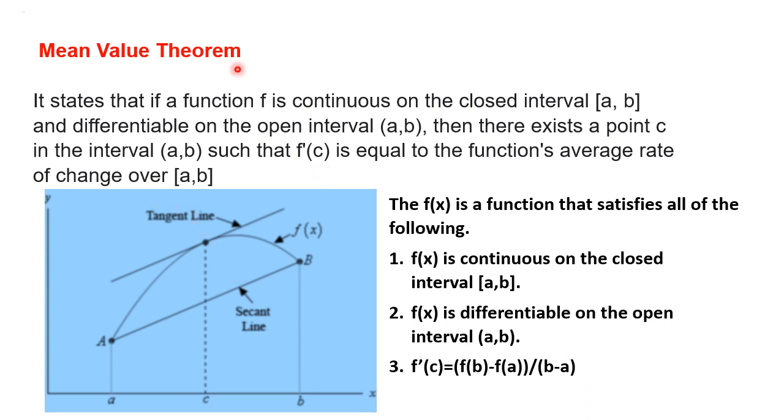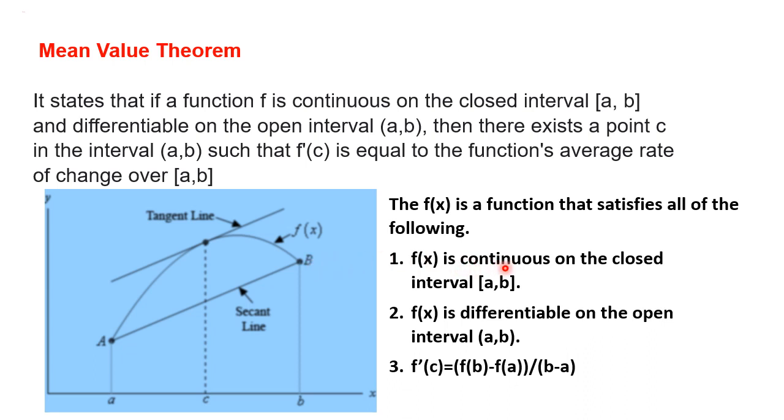So from this one, the curve from a to b, function of x on the interval [a, b], there exists a point c, as long as this curve f of x is continuous.